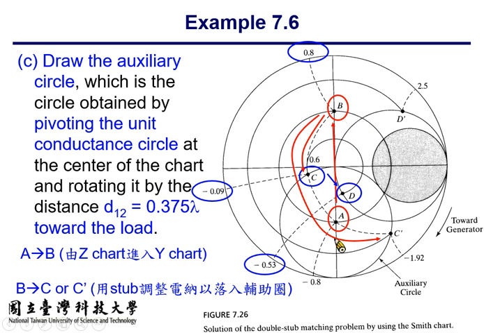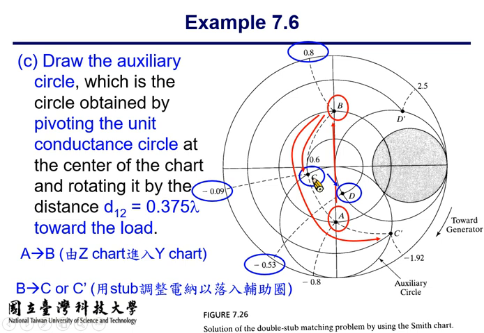So point B, which is on the opposite of point A, is the admittance. The third step is to find the susceptance required to move point B to the auxiliary circle. According to the plot, you see there are two possible solutions. You can move point B along this dashed line.